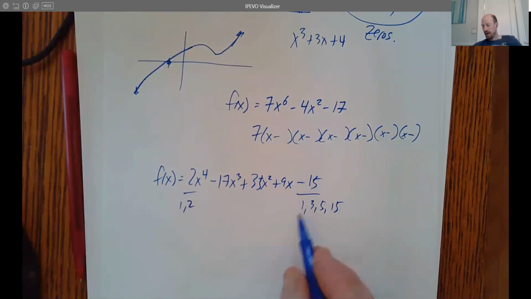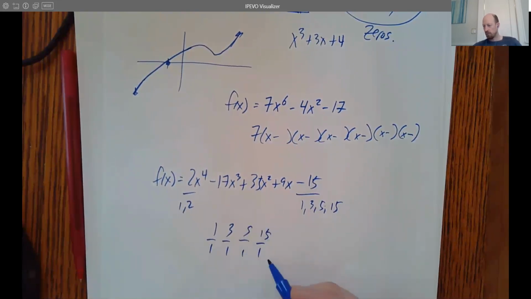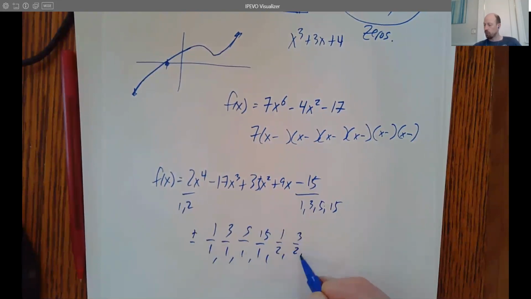So I could have 1 over 1, 3 over 1, 5 over 1, or 15 over 1. And I can have a positive or a negative. And then I can have 1 over 2, 3 over 2, 5 over 2, 15 over 2.